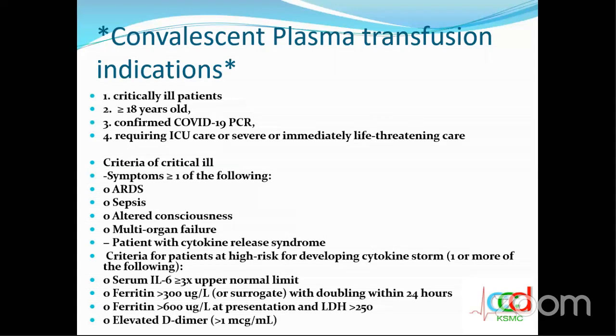And the criteria: symptoms for more than 1 month, ARDS, sepsis, decreased conscious level, multi-organ failure, and patients with cytokine release syndrome. And we will discuss the cytokine release syndrome in patients with the therapeutic plasma exchange.